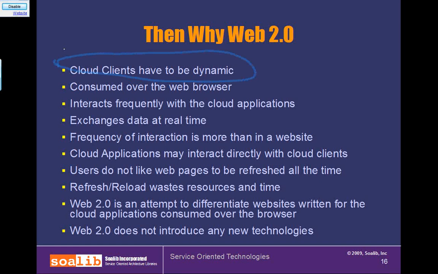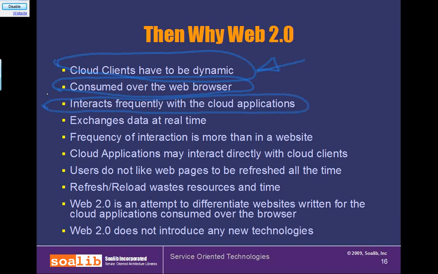Examples are this application that I am using to broadcast this webinar, the Salesforce application, and there are many such applications out there which require cloud clients to be more dynamic. Web 2.0 is one such requirement, to have a cloud client which is more dynamic, consumed over the web browser, and interacts frequently with cloud applications.